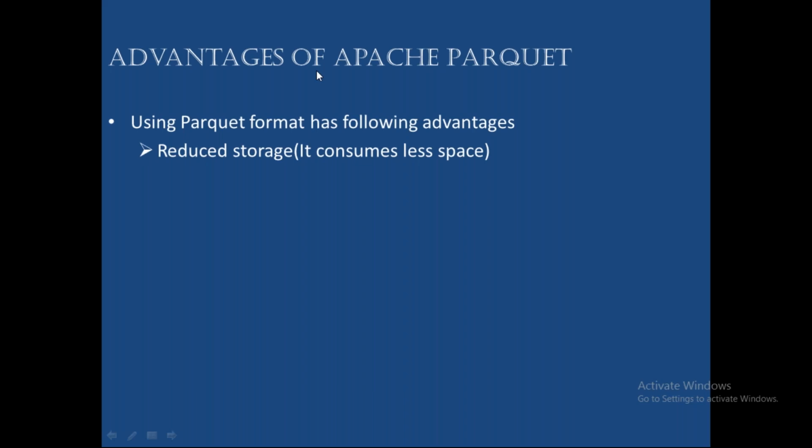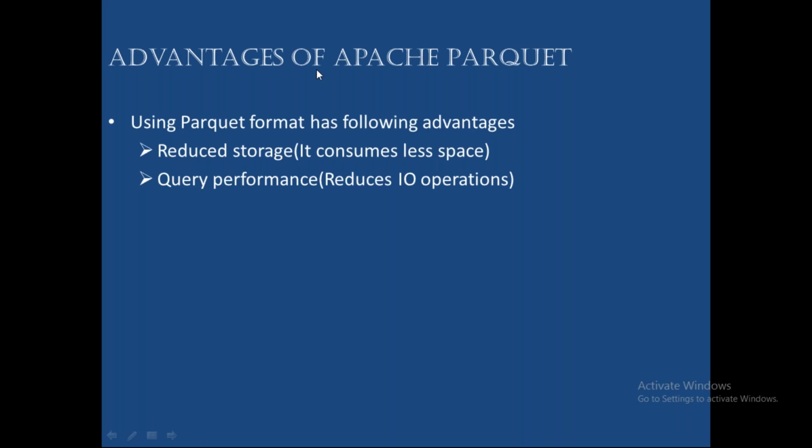Like if we have 1 GB of data as a CSV, if you convert it into Parquet, it will be like 200 MB or 250 MB. So you can see a 75% reduction. That's why Parquet will consume less space, and ultimately you can store it in a smaller storage system and pay less cost.